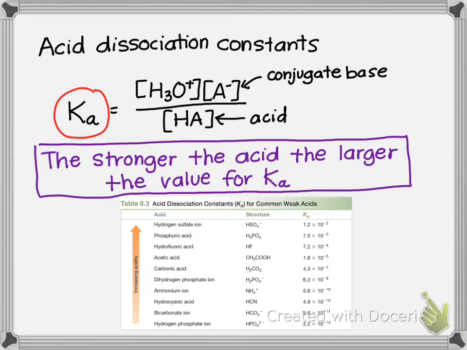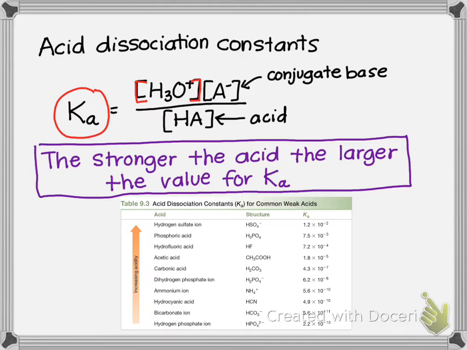Remember the brackets, like this, those mean concentration. So it's the concentration of the hydronium ion times the concentration of whatever conjugate base it is, divided by the concentration of the acid. Now in this introductory class, we're getting this conceptually more than trying to do calculations.